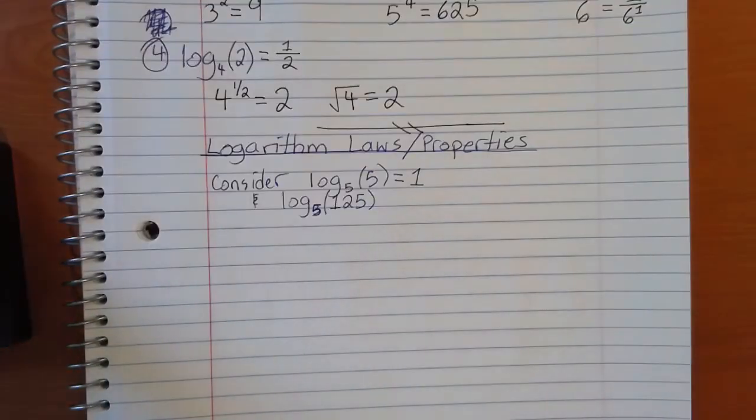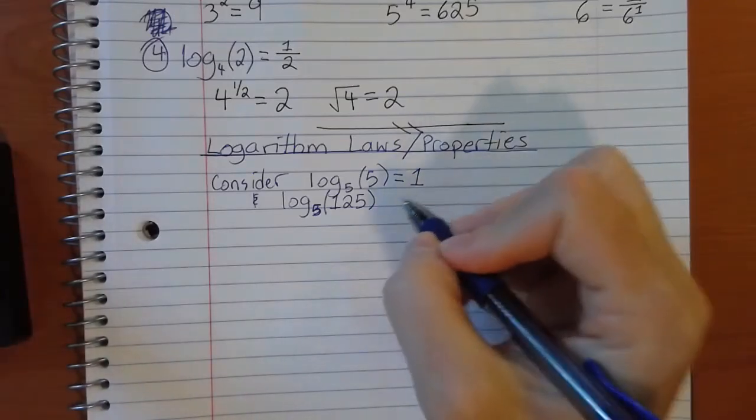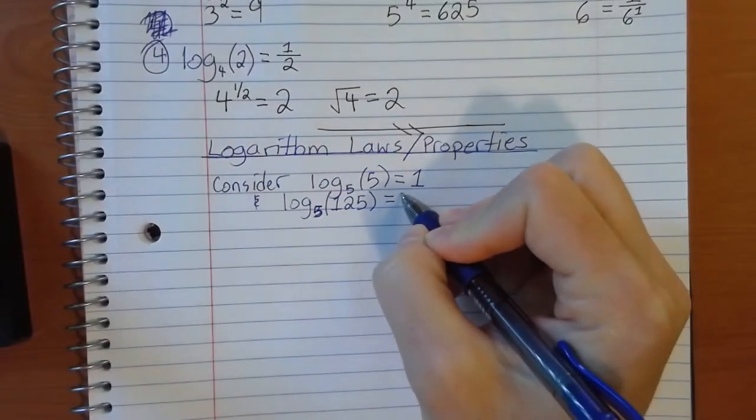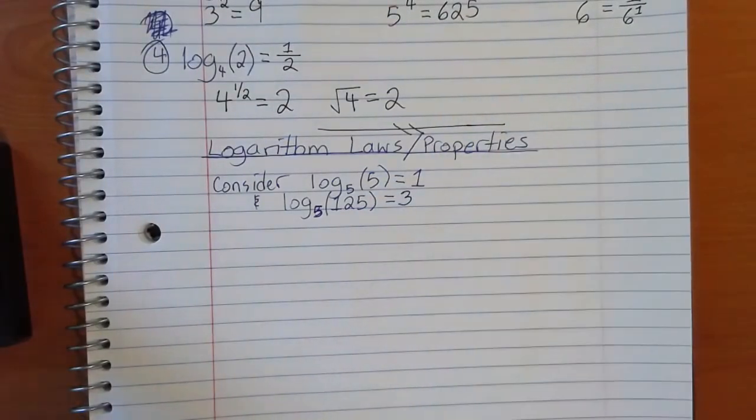In the second problem, we have log base 5 of 125. Well, if we need to multiply by 5 a certain number of times, we would need to do that 3 times to make it to 125. So we can say that this logarithm is equal to 3. We've already seen our first law.